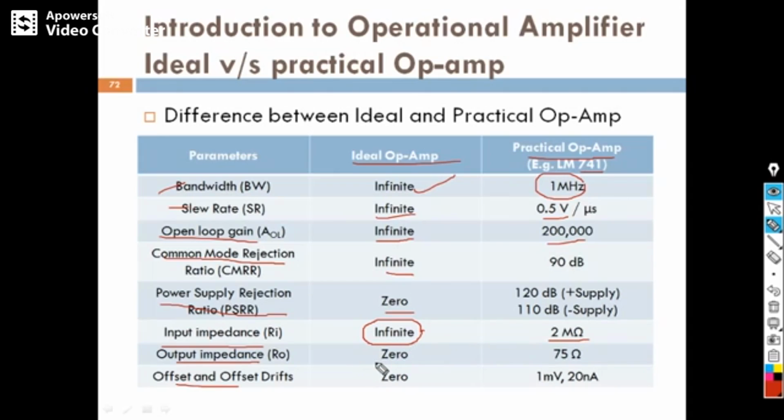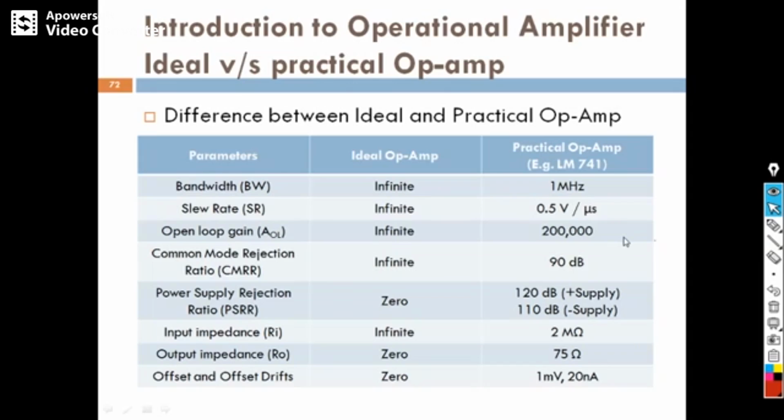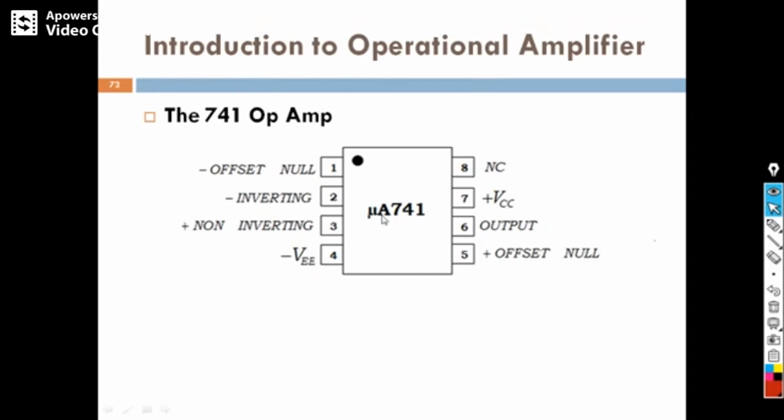Output impedance, we showed the output is shorted in the ideal operational amplifier, so it is 0, but practically it is 75 ohm. Like this, these are the differences between various parameters of the ideal and practical operational amplifier. So this is the IC, my dear students.